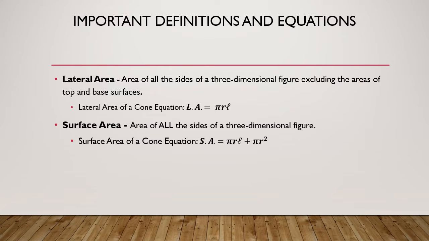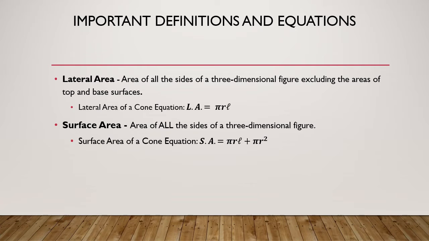We'll start you out with some important definitions and equations that are based off of what we're going to look through today. Lateral area is the area of all sides of a 3D figure, excluding the areas of the top and base surfaces. So when you think about a cone, some cones have the bottom, some do not.